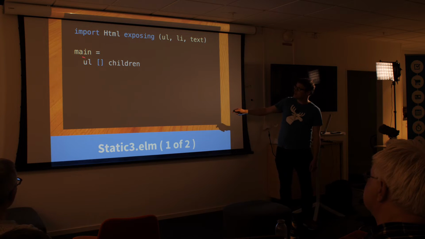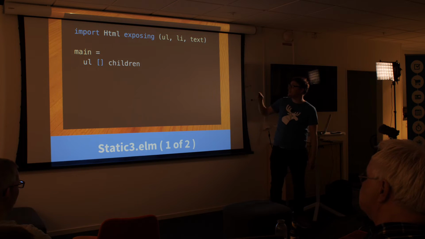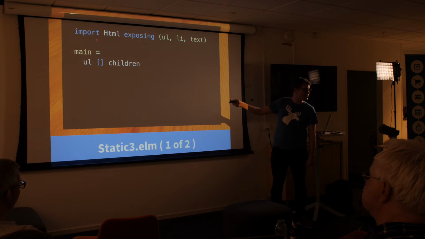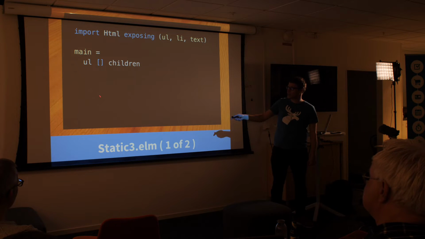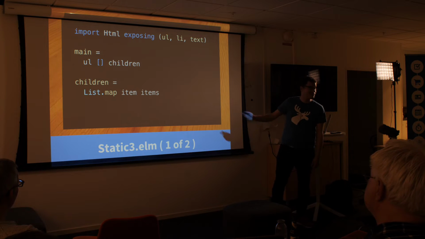We have our main function here, no arguments, and with the unordered list, no attributes, and here we're calling a function called children, and we're using the result of that function as children. And looking at this program, we can understand that children is not coming from the HTML module. So it actually has to be defined. So this is a broken example right now. Children has to be there somewhere. So here is children.